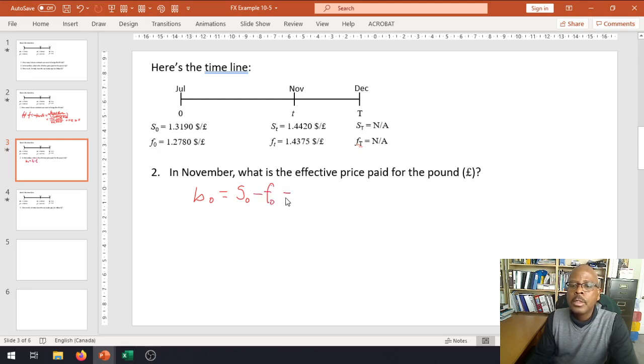And so that then is equal to 1.3190 minus 1.2780. Okay. That then is equal to 0.0041.